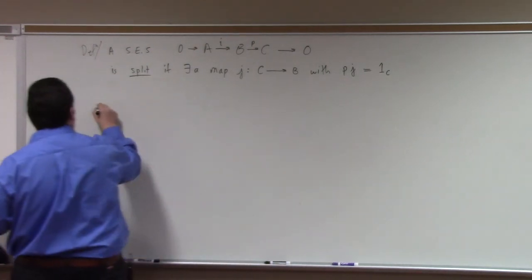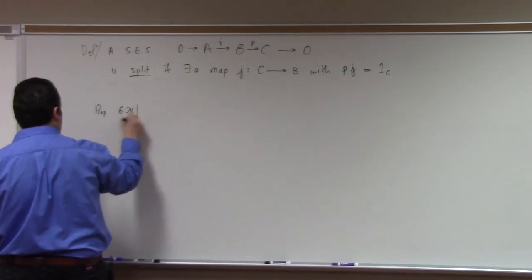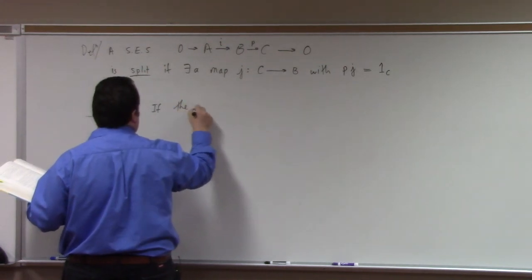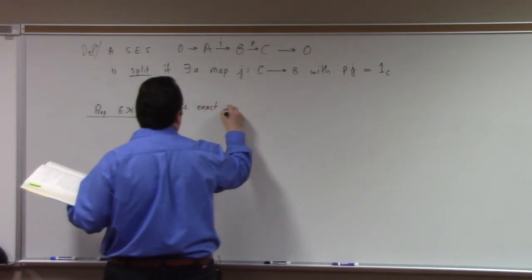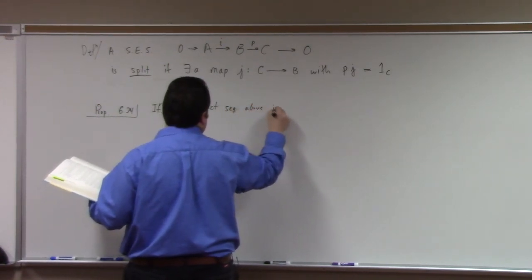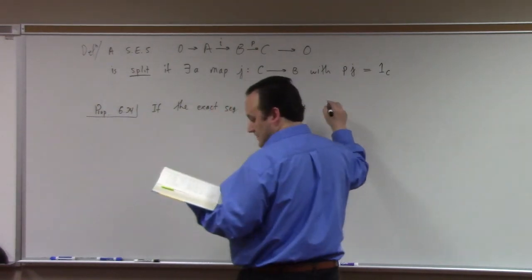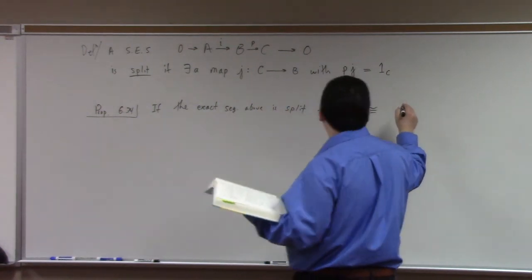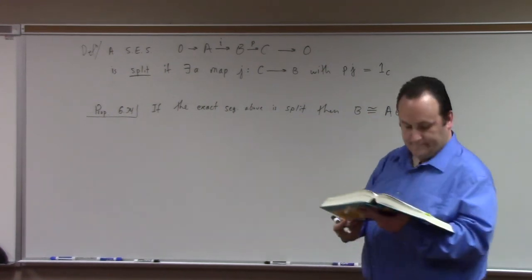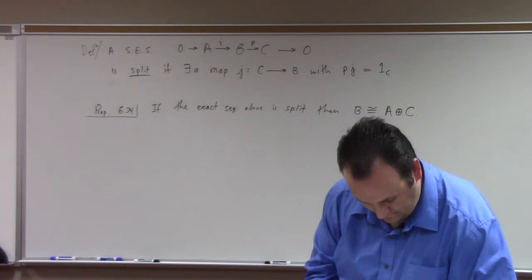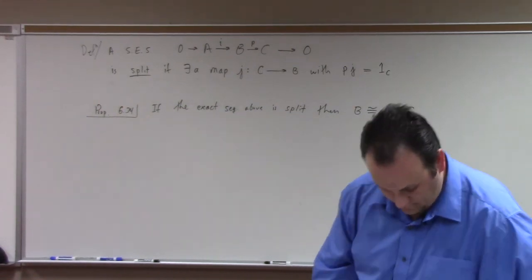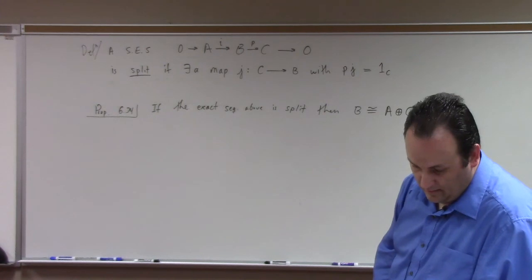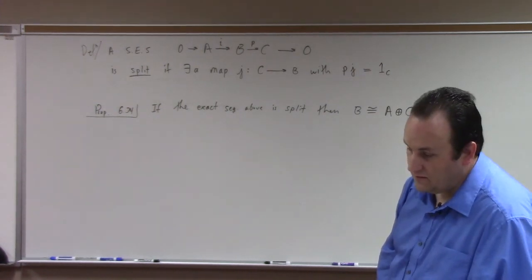All right, and here's why that's interesting. If the exact sequence above is split, then B is isomorphic to the direct sum of A with C. And I think if you read the proof, you'll understand it.